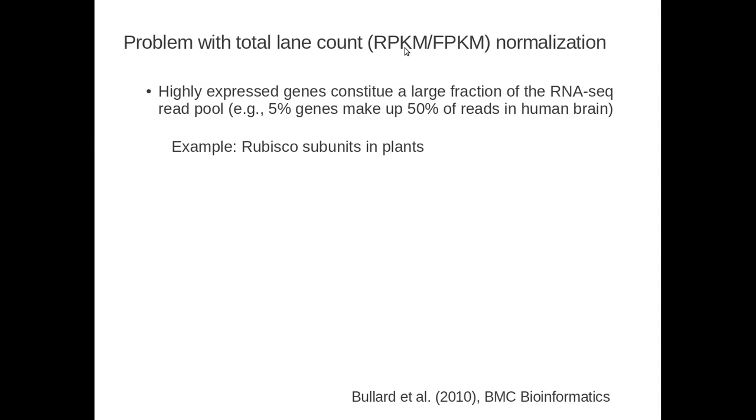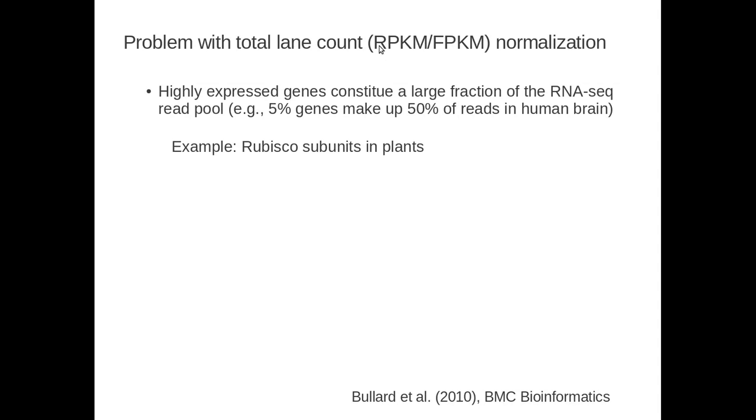Per kilobase of exon, the way that we generally account for the length effect is to simply divide by the length of the gene. And the way that in the RPKM strategy we deal with the problem of differences in total library coverage is to divide essentially by the number of reads. So divide by the length, divide by the number of reads, and then you have your normalized measures.